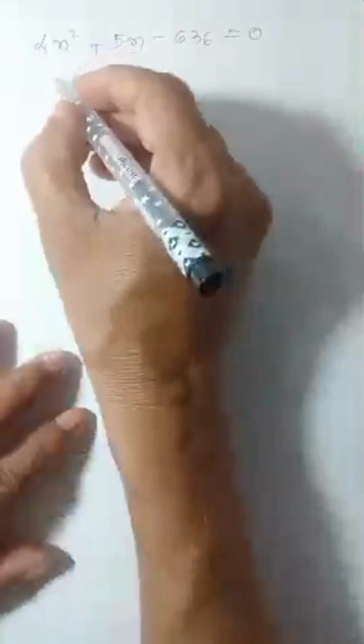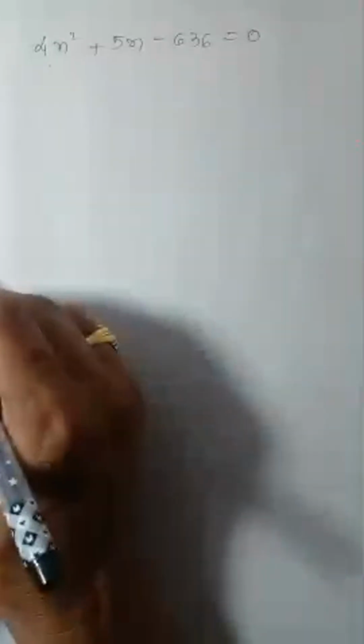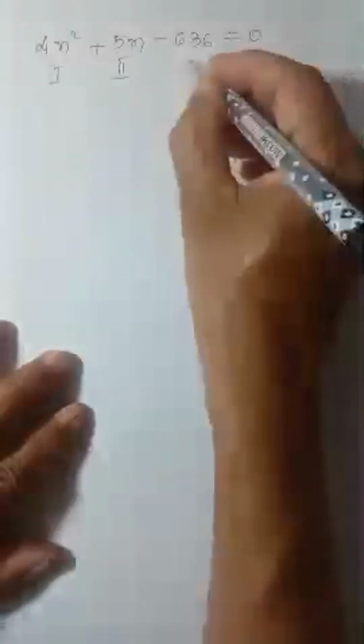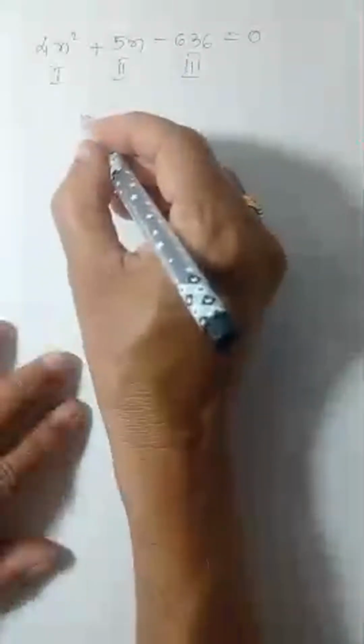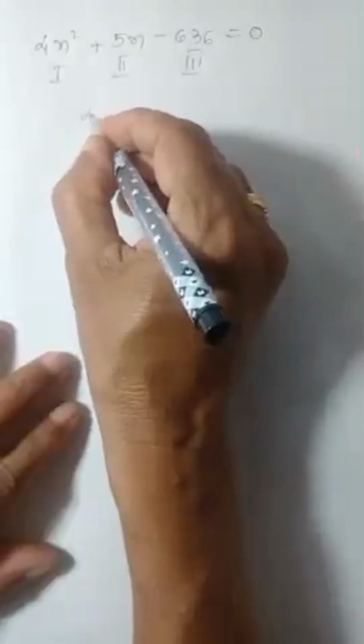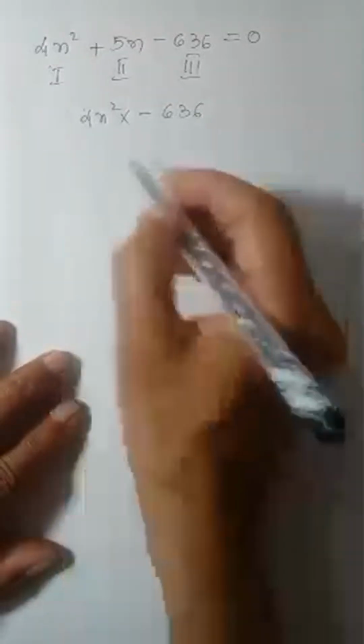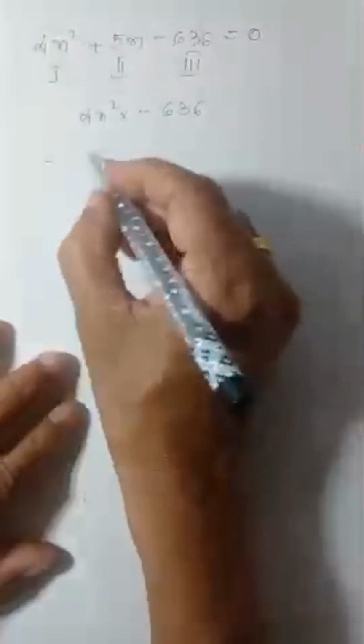When the equation is in the standard form, you have to multiply the first and third terms. So I want to divide that into three parts: first, second, and third. Here the first and third terms are what you have to multiply, that is 4n square into minus 636. Here, by multiplying these two, you are getting the product. The product is what?